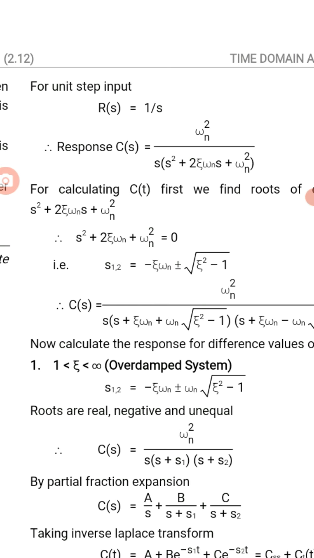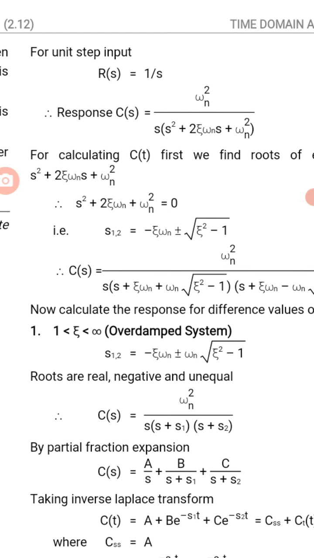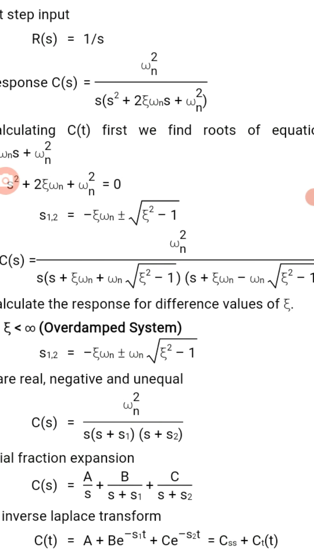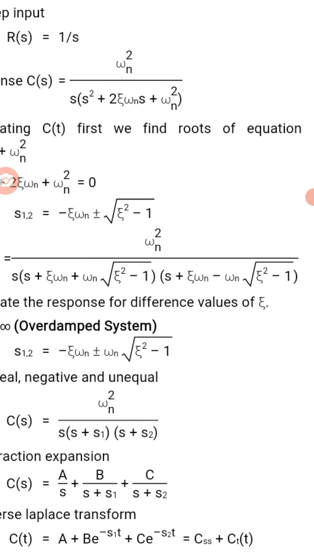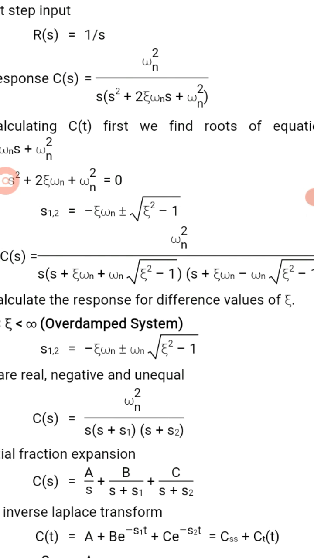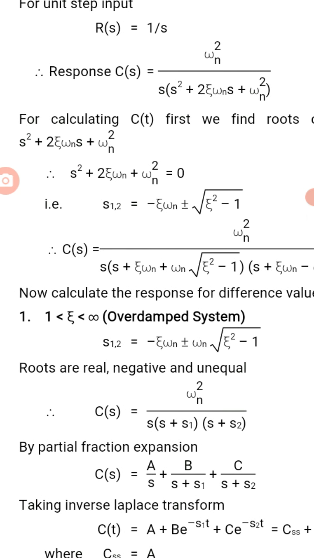By applying this equation, we will get C(s) is equal to omega n square upon s into bracket s plus zeta omega n plus omega n square root zeta square minus 1, into another bracket s plus zeta omega n minus omega n square root zeta square minus 1. Because the roots are s1,2 is equal to minus zeta omega n plus or minus omega n square root zeta square minus 1.